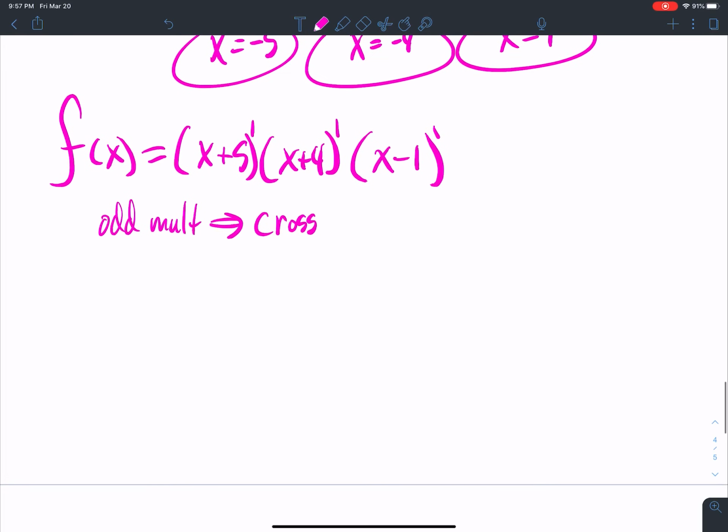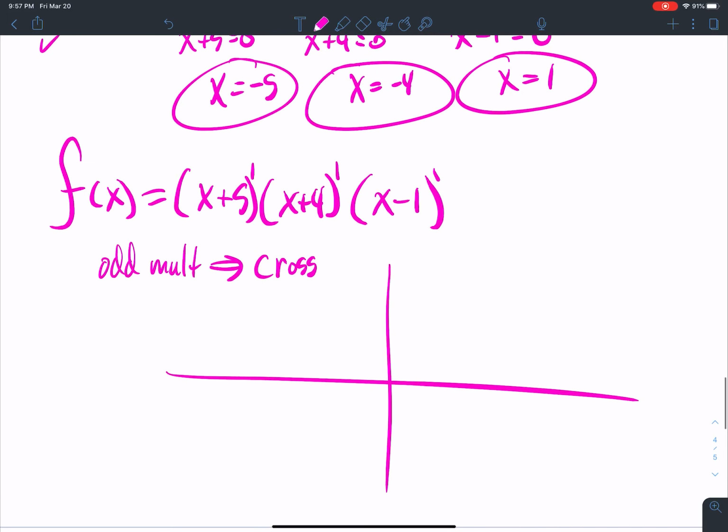I cross the graph. So where do I cross at? What are my zeros? My zeros are at -5, -4, and 1. So I cross at -5. I cross at -4. And I cross at 1. Okay?